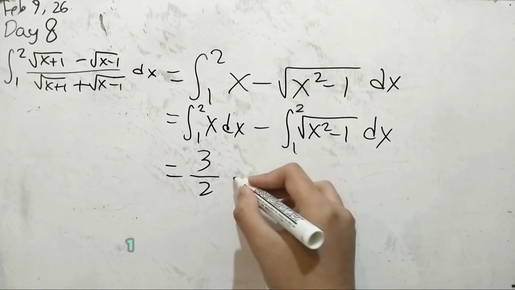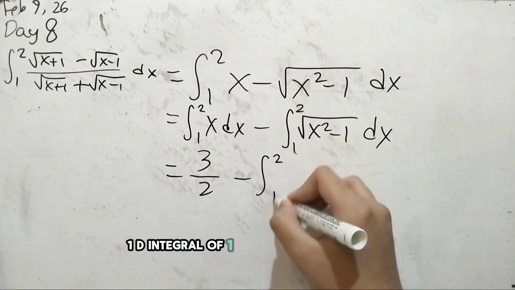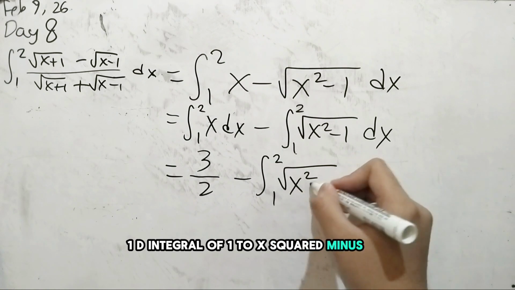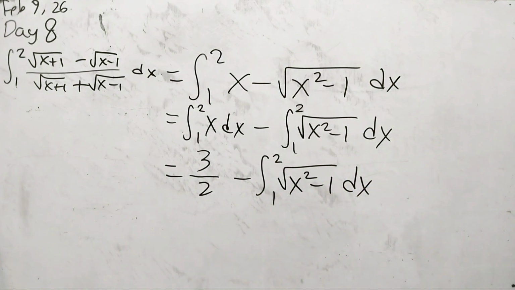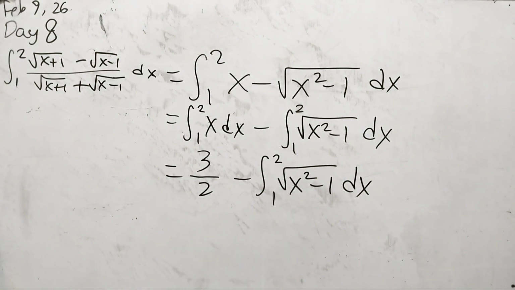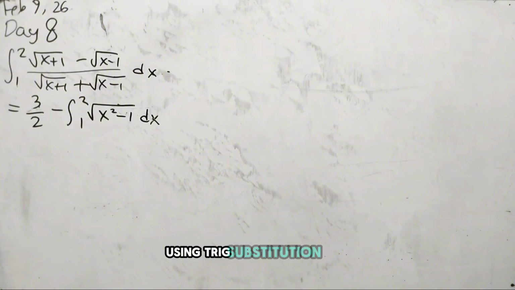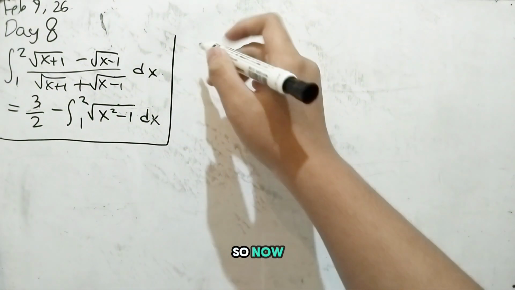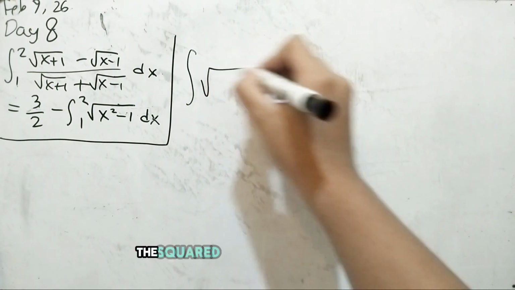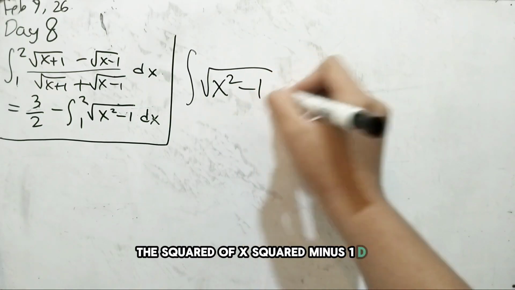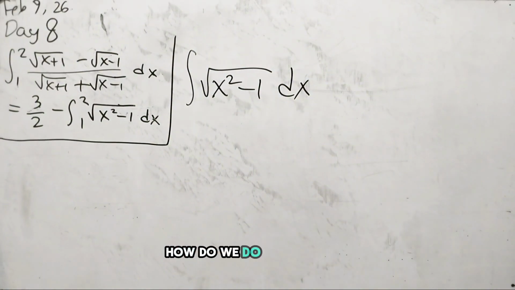What about this one? The integral of the square root of x squared minus 1 dx. What does this one become? Using trig substitution, guys. So now we're trying to integrate the square root of x squared minus 1 dx. How do we do that, guys?